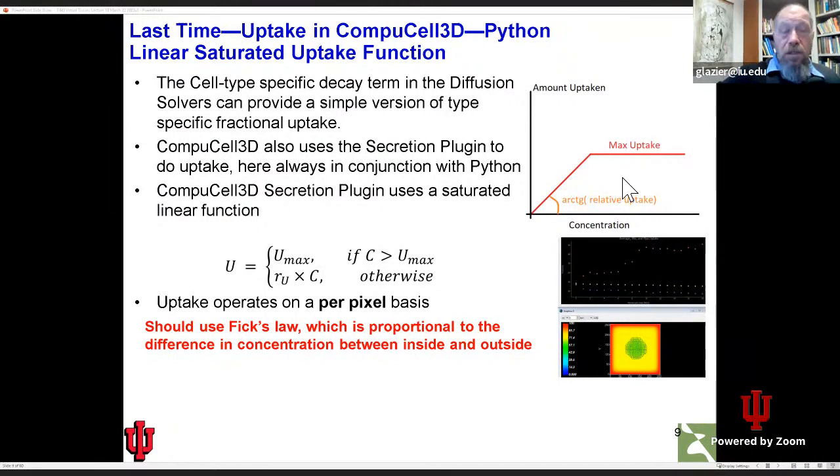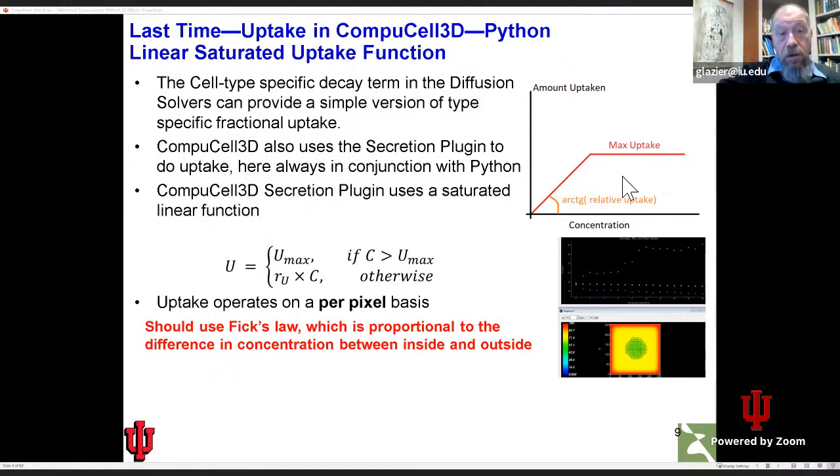The other one, which is a little bit more complicated and reflects the biology, is that in reality, especially across the cell membrane, the amount of material that's absorbed doesn't depend only on the concentration outside. It depends on the difference in concentration between the inside and the outside. If I have a pipe, the flow through my pipe doesn't depend only on the pressure outside. It depends on the difference of pressure between the outside and the inside.